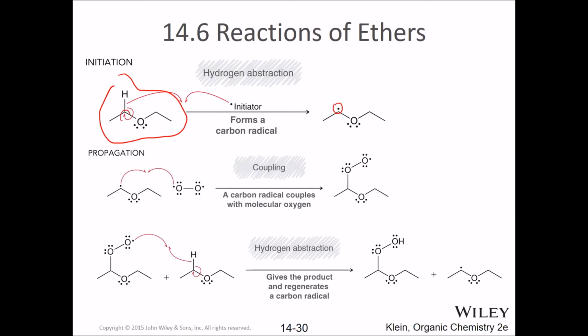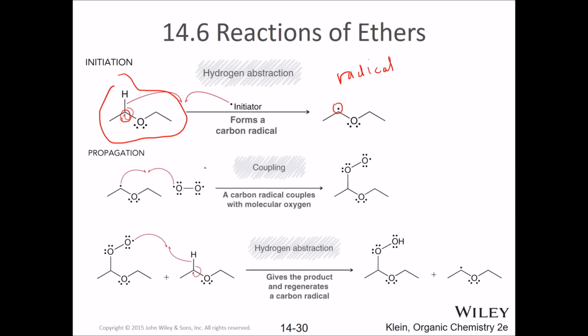That's the other electron. So that's a radical. Why that one and not another one? Well, it has to do with resonance, but Klein doesn't talk about that here, and we can drop it. So if you want to memorize it, it's that one there. It's the one right next to the oxygen.